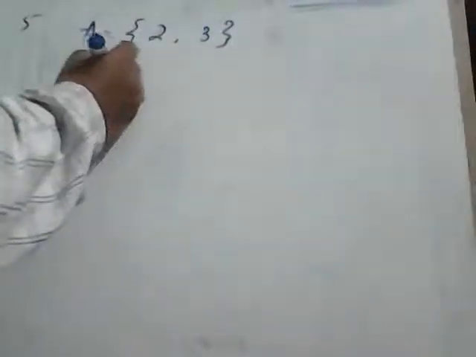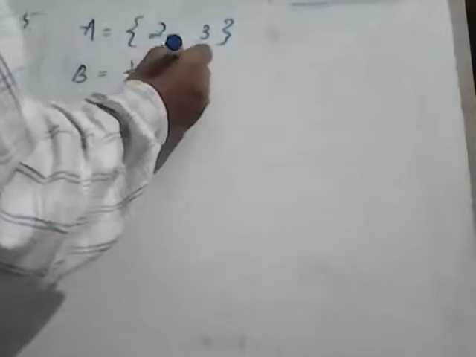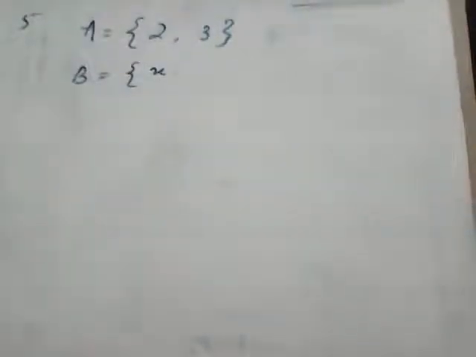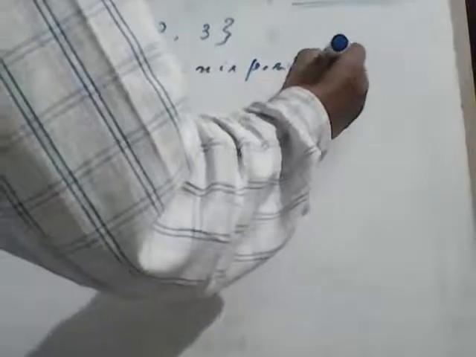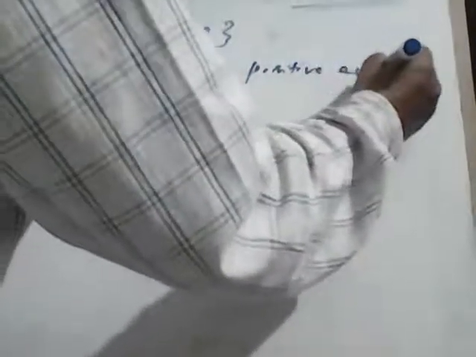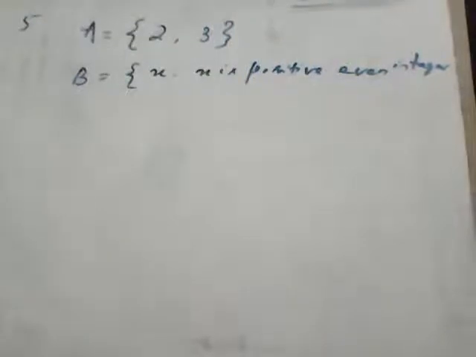Set B is written in set builder form: x such that x is a positive even integer.